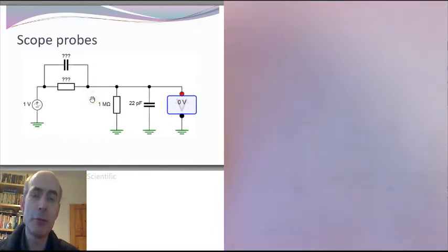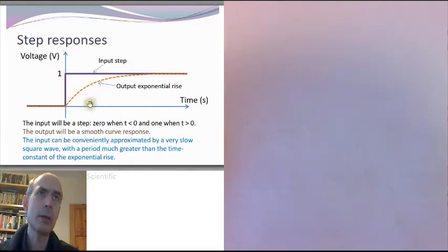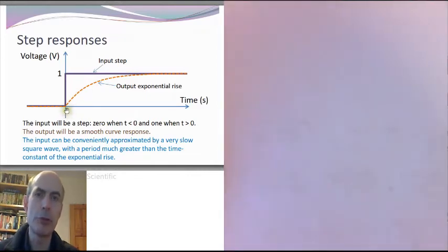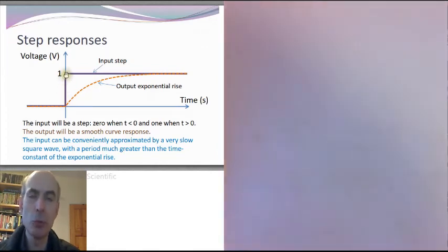The final part of this lab is then to look at step responses. Now, the step response is the output of a circuit when the input to the circuit is a unit step. A unit step is a waveform which is 0 for all negative times, and then jumps up to 1 at time t equals 0, and remains at 1 for all positive times.